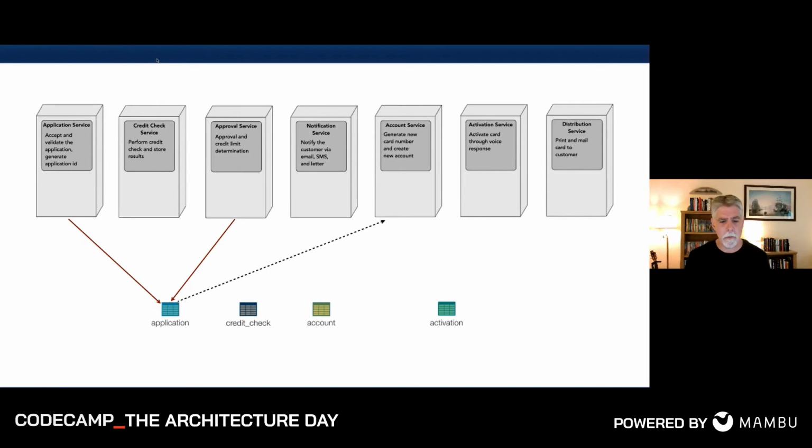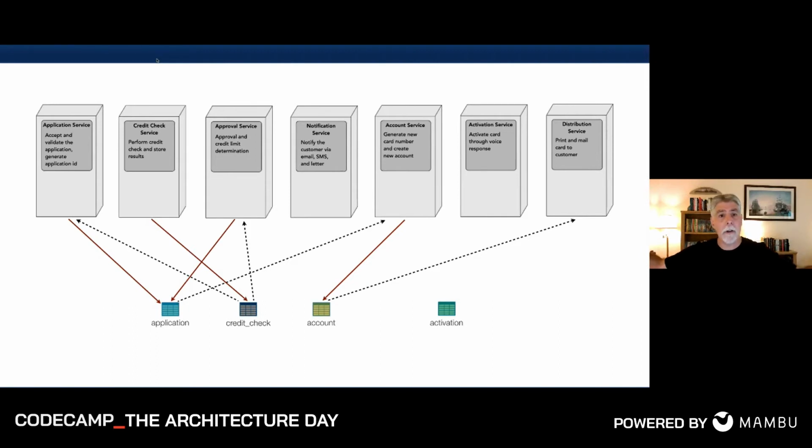Now all of a sudden we're starting to see some real yucky stuff. The credit check table obviously owns the credit check, but the problem is approval and application need to read that credit check table to get some statuses. On the account table, the account service writes to that, but unfortunately the distribution service needs to read it to know what your address is. Where should I send it to?